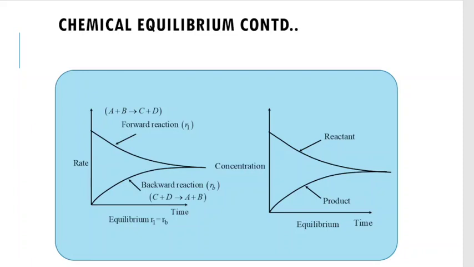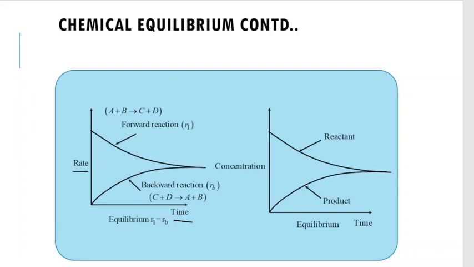Listen here. Here we are going to discuss in detail about this graph. First of all, on the y-axis we have taken the rate of the reaction. On the x-axis we have taken the time. At time t equal to 0, the product, or you can say the backward reaction rate, is 0. Initially there are no products in the vessel, but A and B reactants are there.